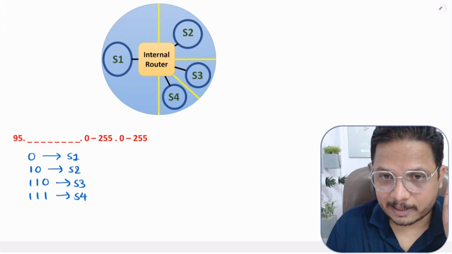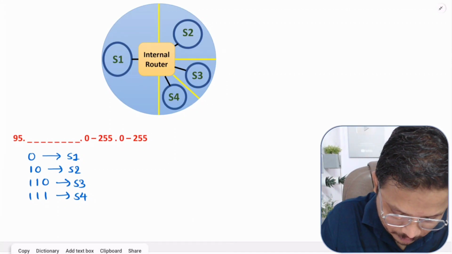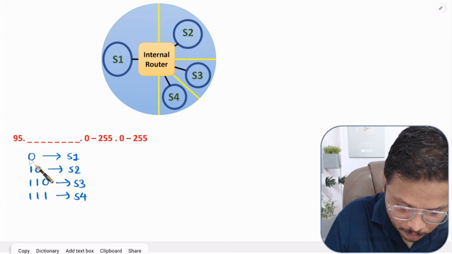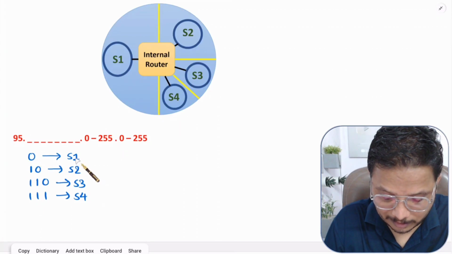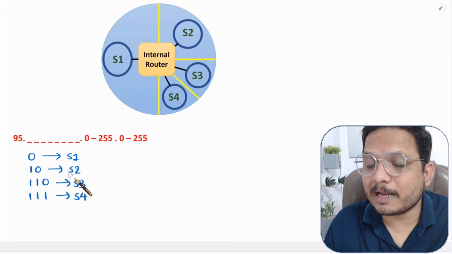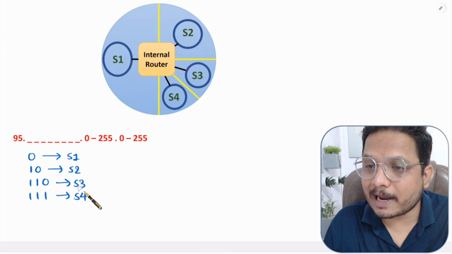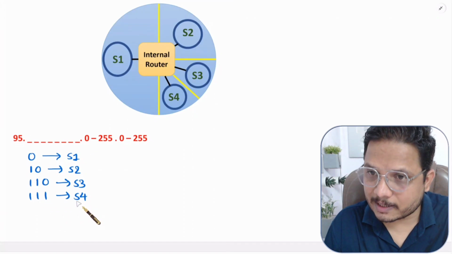That is how we can select it. Now there are a few basic things you need to understand. If you observe, this 0 is the subnetwork ID for S1. This 10 is the subnetwork ID for S2. This 110 is the subnetwork ID for S3. And this 111 is the subnetwork ID for S4.